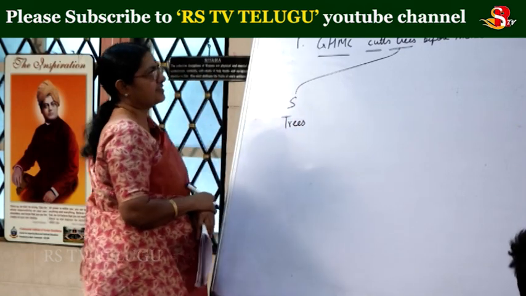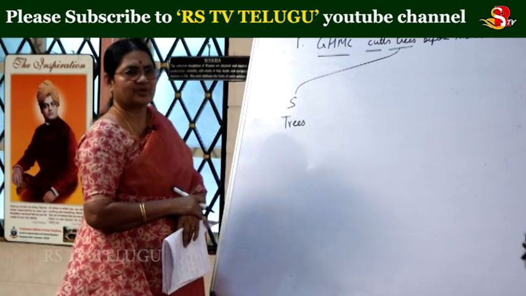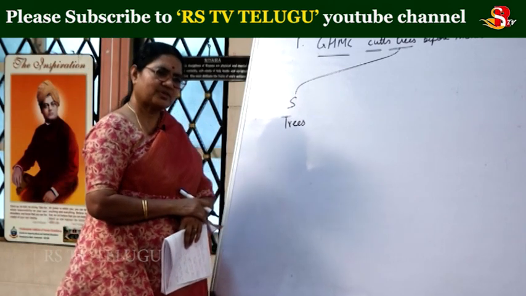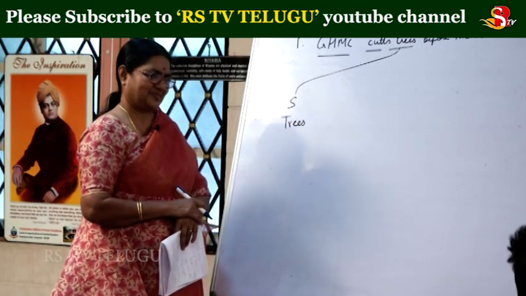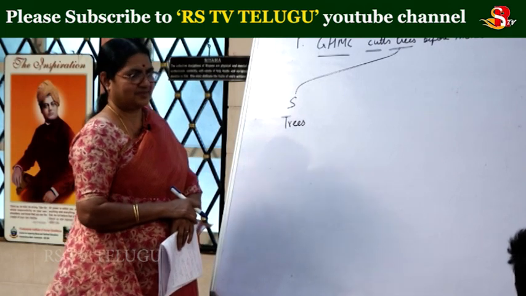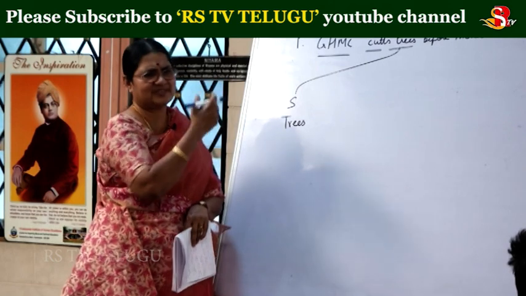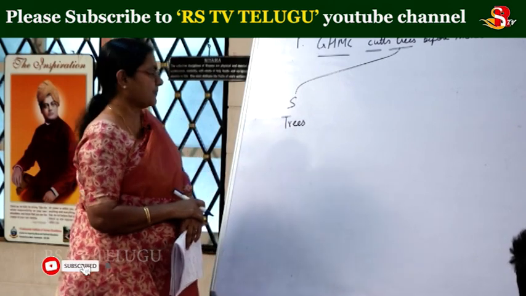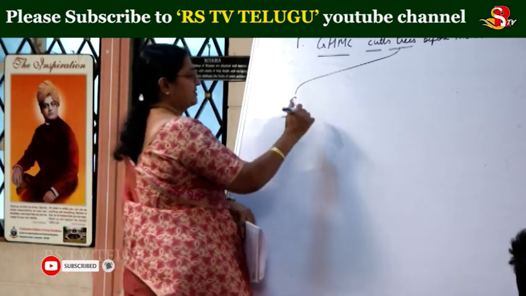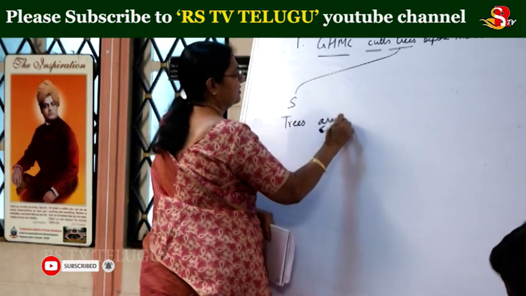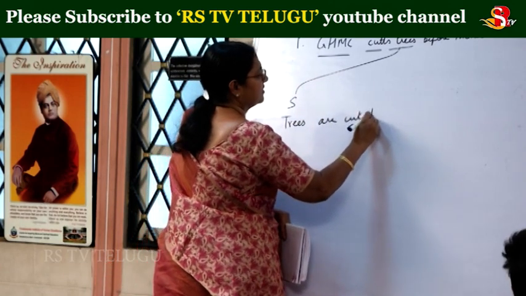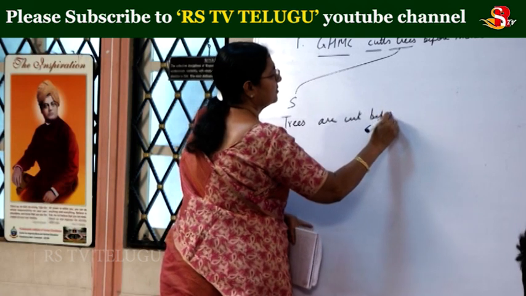This sentence is very suitable for passive voice because we know that only GHMC cuts. Only they can cut. So, it is not needed to say that it is GHMC. So, we can say trees are cut before monsoon.